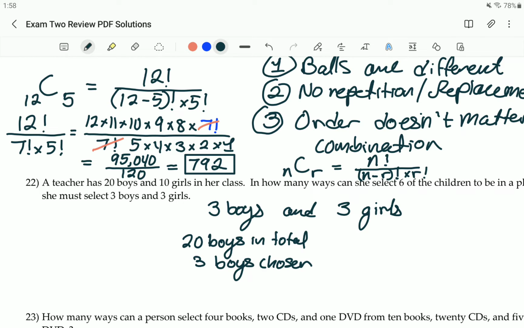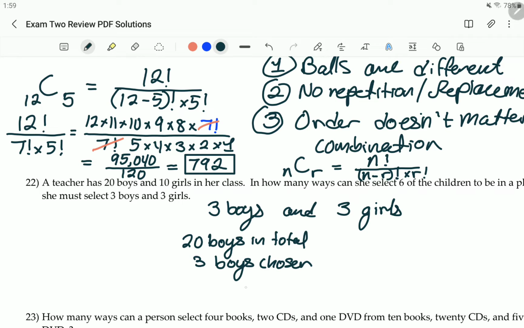It just says we're choosing 3 boys and 3 girls. Once a boy or a girl is chosen, they cannot be chosen again, plus boys and girls are distinct within each other. So when I choose one person, there is no repeating that same person because that person's already chosen. So this here is a combination.